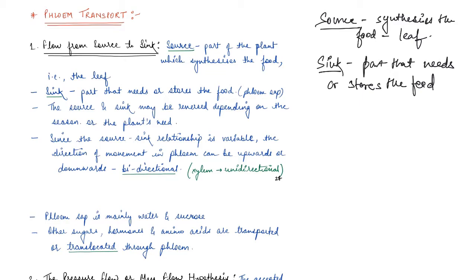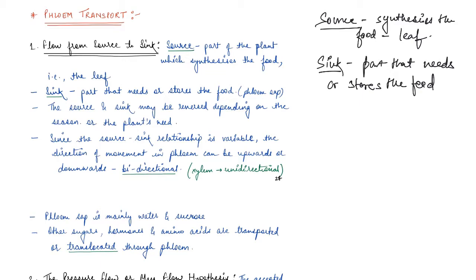Now always remember guys that the source and sink can also be reversed depending upon the season or plant's need. So basically what does it mean? It means that source can also become the sink in case of certain times of the entire cycle when leaf needs the food, so it becomes the sink, and the part which is storing the food becomes the source.